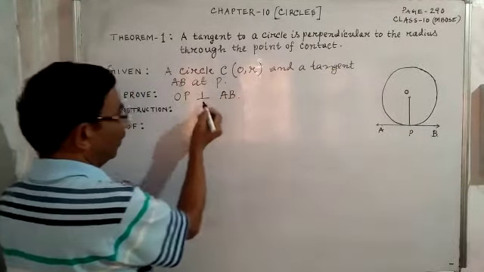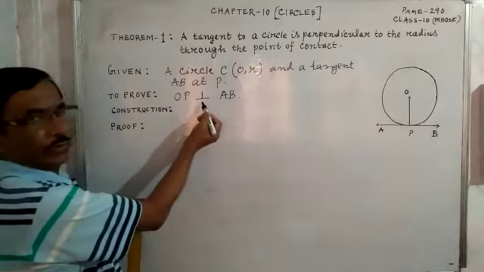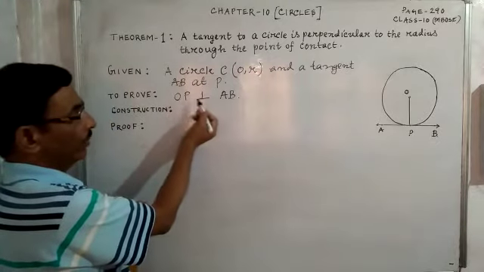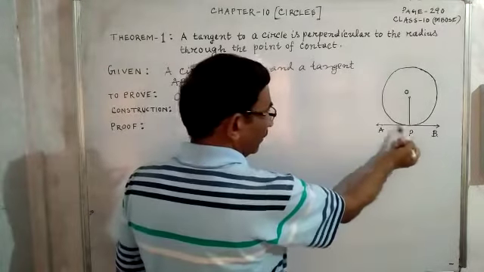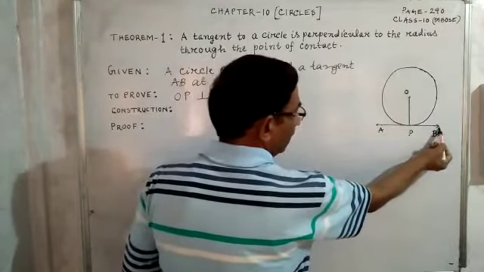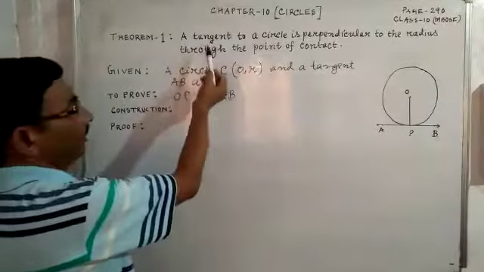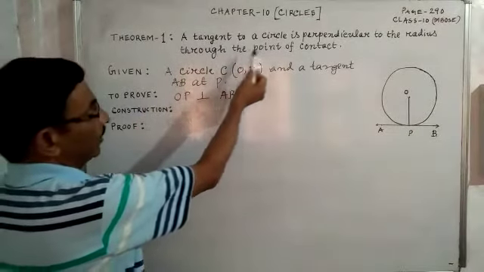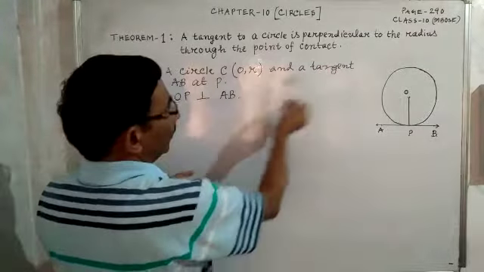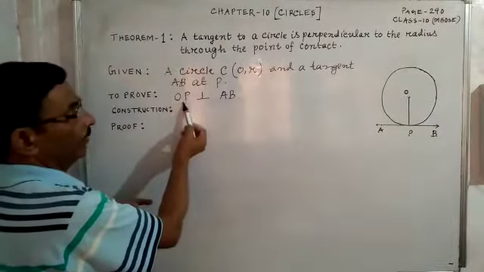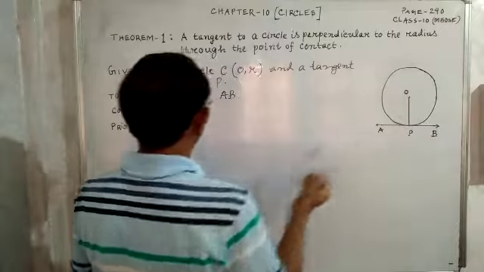This is the symbol of perpendicular. We read it, OP is perpendicular to AB. OP is the radius, it is perpendicular to the tangent. So if we see the theorem again, a tangent to a circle is perpendicular to the radius at the point of contact P.